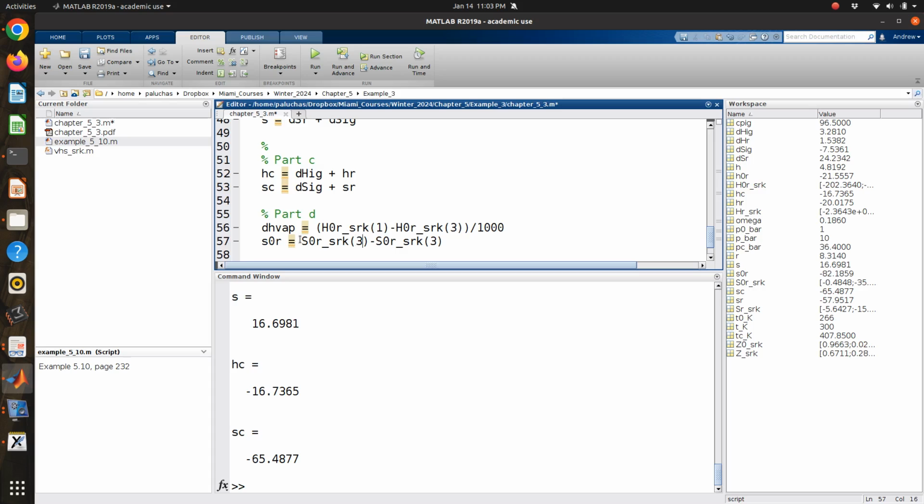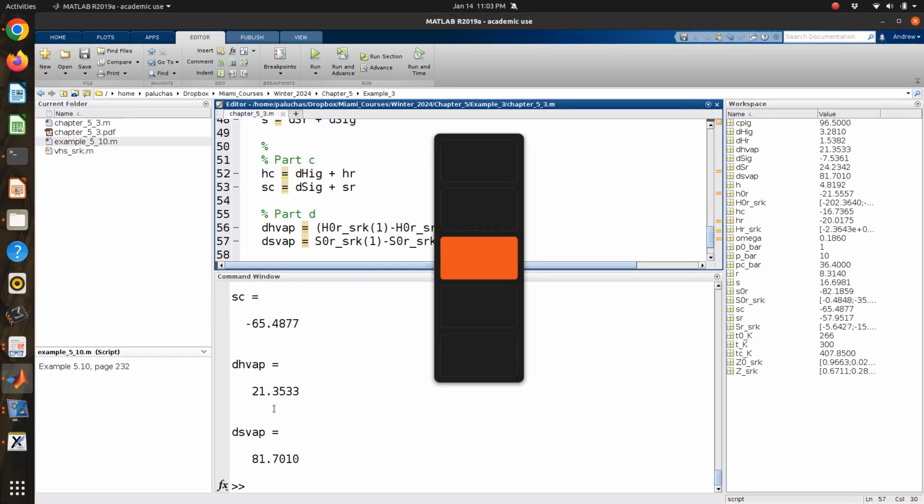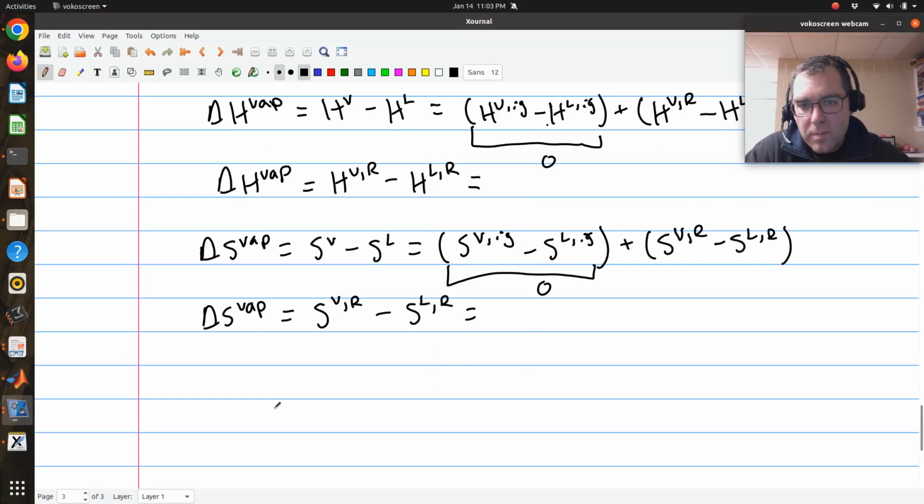So it's just the first root minus the third root. Before I just needed the third root, and I'll call this dS vapor. If I run this, I've got dH vaporization. It's positive, which tells me I've got the order right. The enthalpy of my vapor is greater than that of my liquid. So I've got a delta H of vaporization in kilojoules per mole.